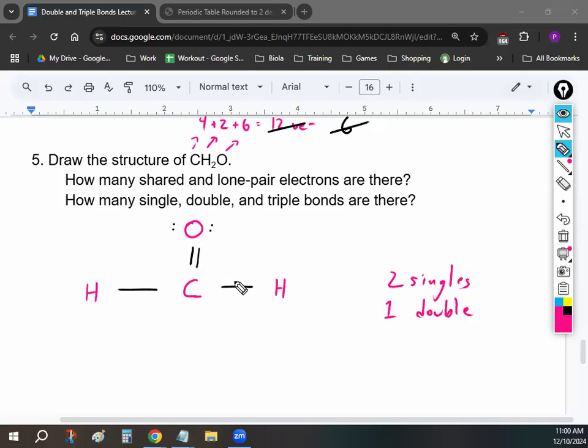The singles are between the carbon and the hydrogens, and the double is between the carbon and the oxygen. And then in terms of how many shared and lone pair, we drew 4 lines, so that's going to be 8 shared. And then there are 4 dots, so that'll be 4 lone pairs. Okay, and that's it.